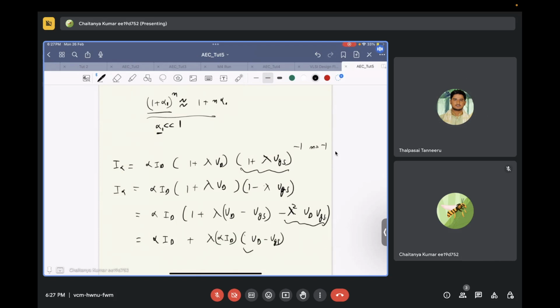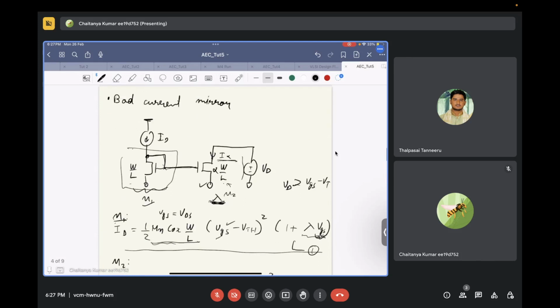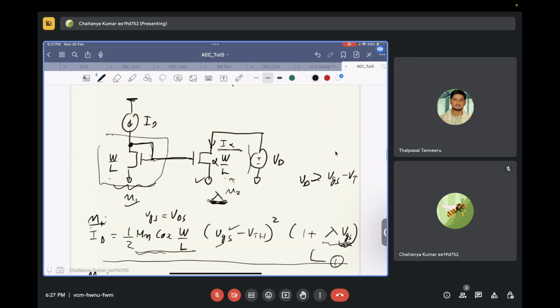So essentially, what is VD minus VGS? If you go on top, VGS was the drain source voltage of the original biasing transistor, the diode connected transistor, and VD is the drain source voltage of the transistor in which we are supposed to push the current.